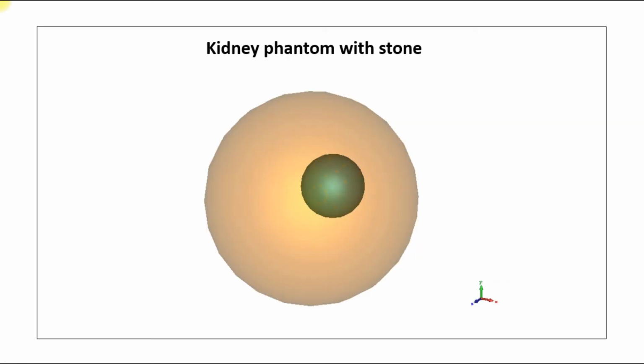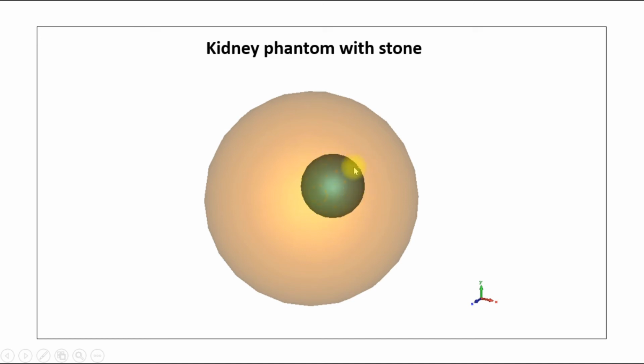And now you can see the artificial kidney phantom model with the stone that is created inside the CST design software. Both the antenna as well as this kidney phantom are designed inside this CST software, the computer simulation tool. The outer layer is the kidney, and inside you can see a small circle that is considered as a stone.